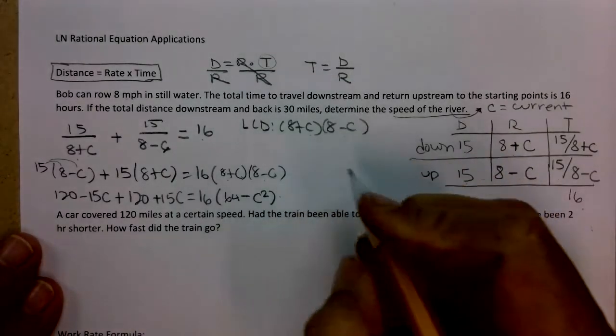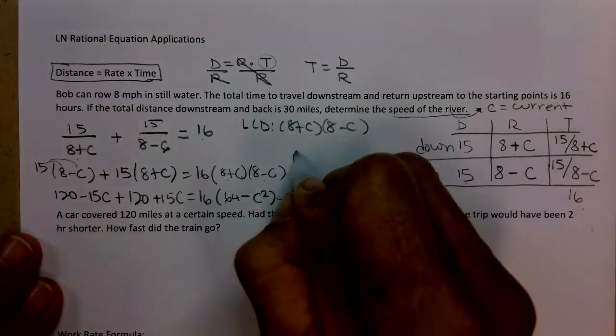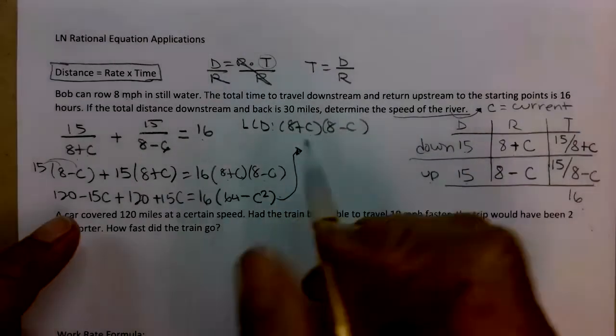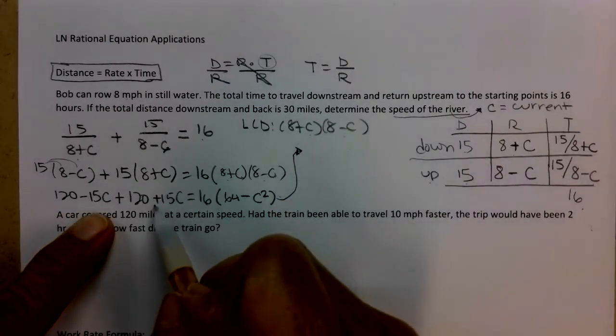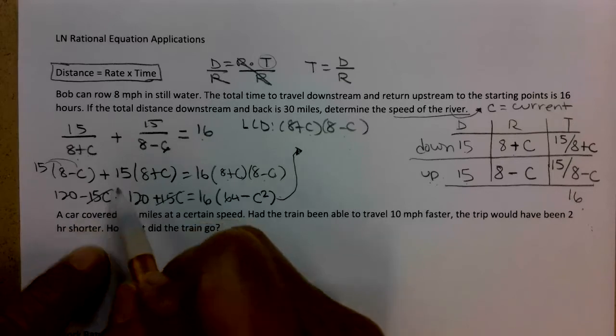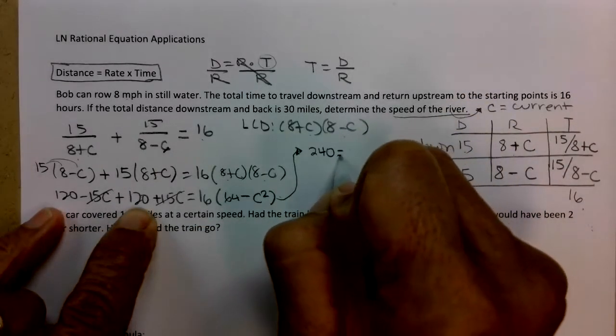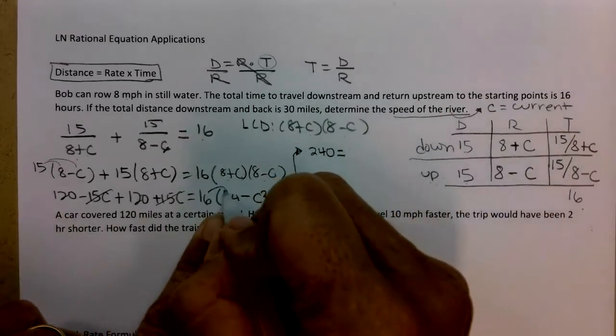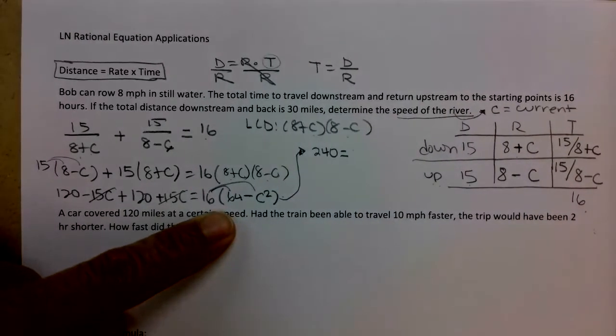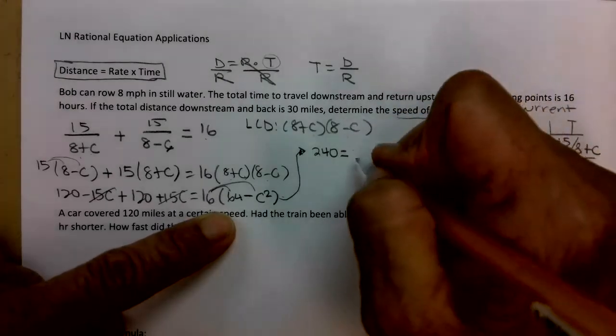Let's tidy up each side. The 15c's will cancel and I'll have 240 on the left, equals, distributing the 16, 16 times 64 is 1024.